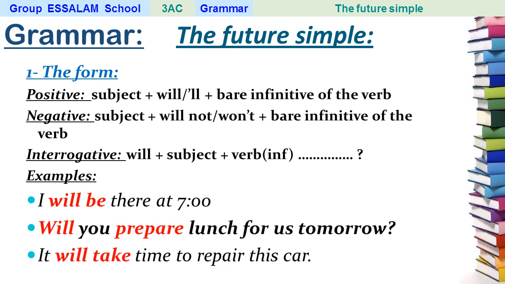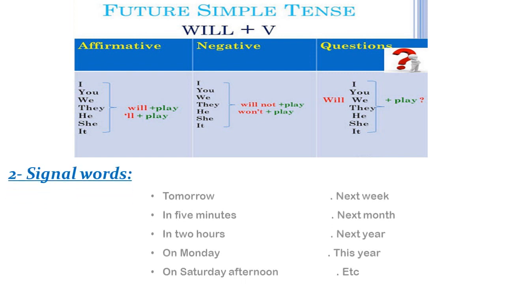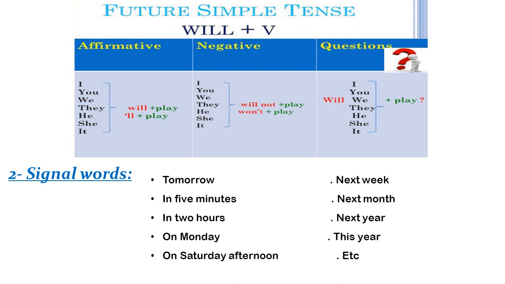So you should write the form of the future simple, some examples in order to understand the lesson very well. And when you have finished, of course, try to draw this chart, draw it as it is, and finally try to write about signal words because they are really essential.